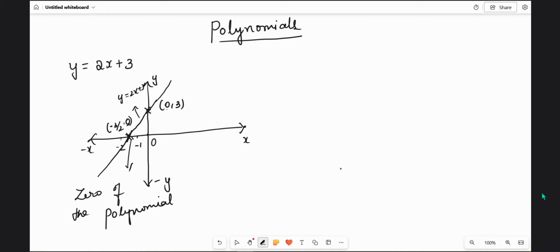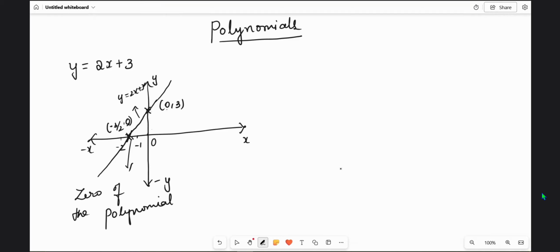If I put x is equal to minus 3 by 2, the whole function value you will get as 0. That is the 0 of the polynomial, no? What we studied, right? So graphically also, you can find the 0 of the polynomial.